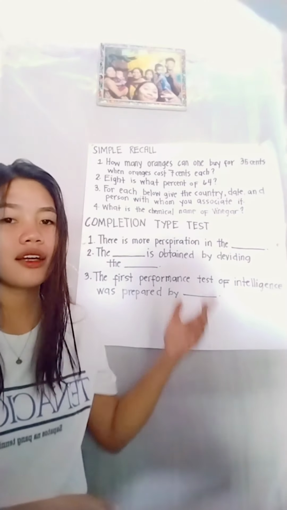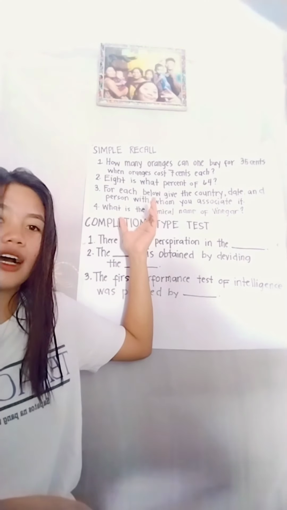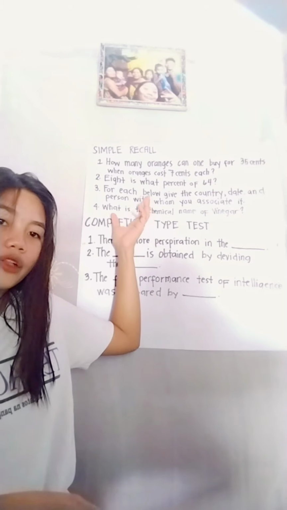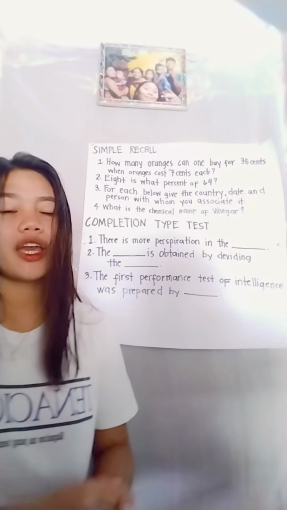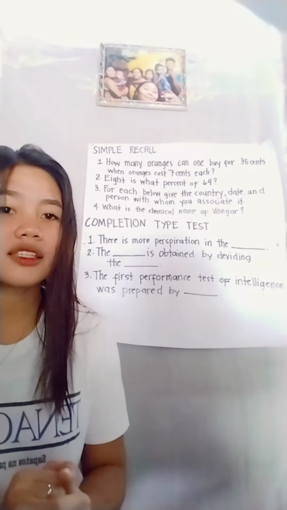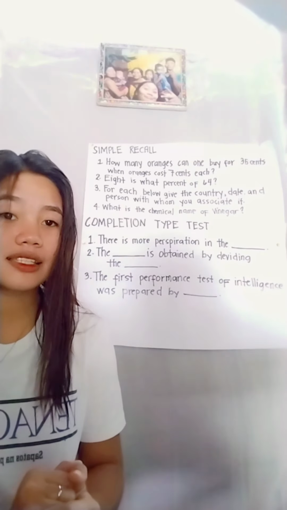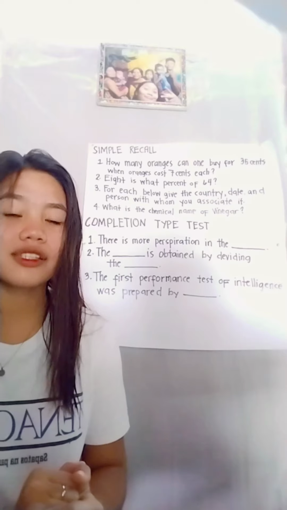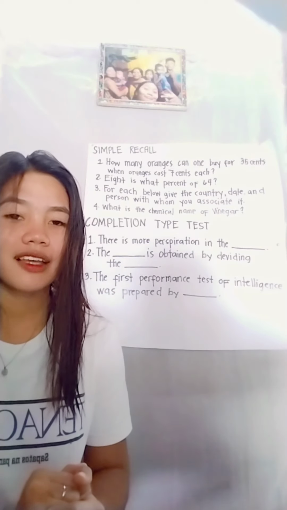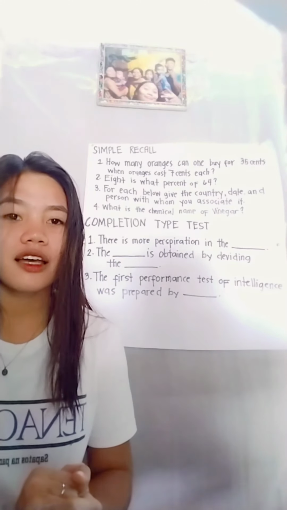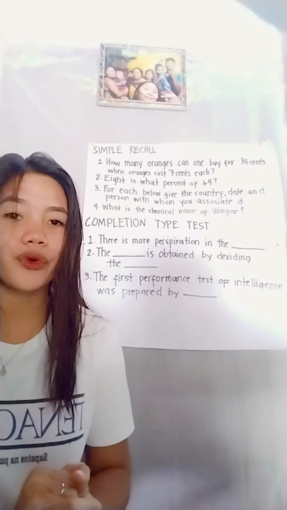So here are the examples of simple recall test. We have four. First is, how many oranges can one buy for 35 cents when an orange costs 7 cents each? Second, 8 is what percent of 64?